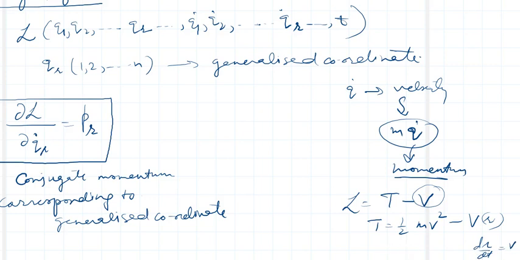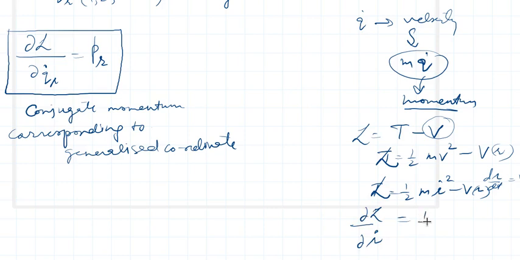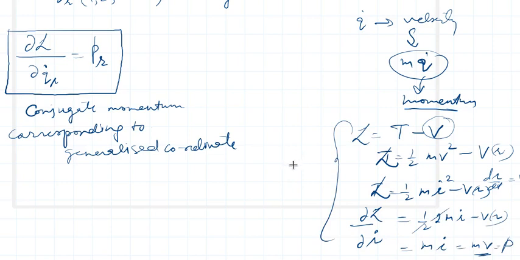So I can express it as L equal to 1 by 2 m r dot square minus V(r). If I take the derivative of this L with respect to velocity, then the derivative of the potential term cancels out, so it is m r dot, or I call it m v, and it is basically the momentum. So this gives me the idea about it, right?